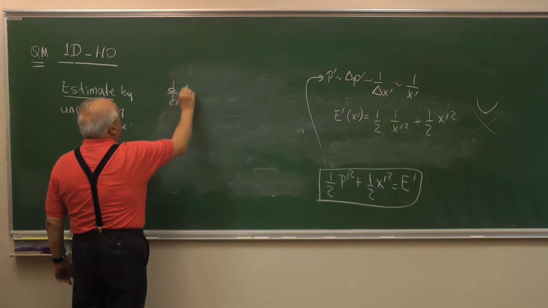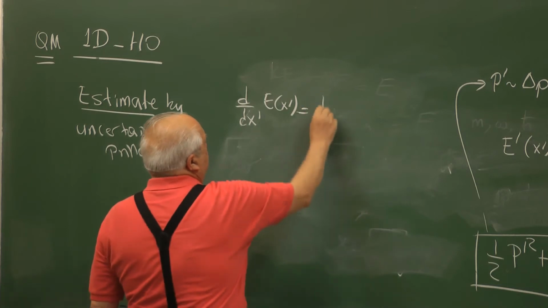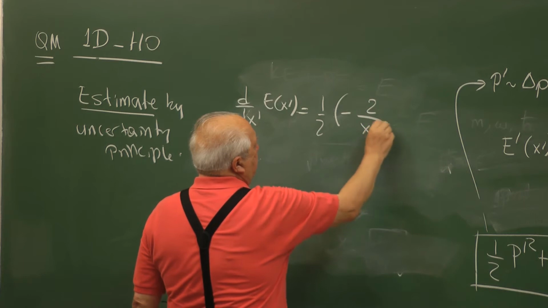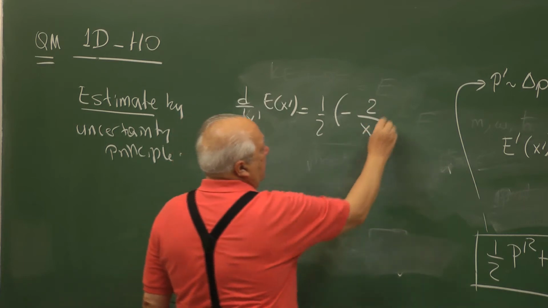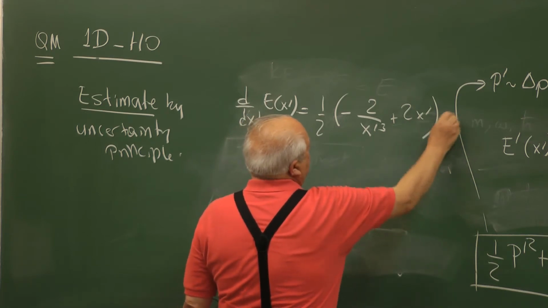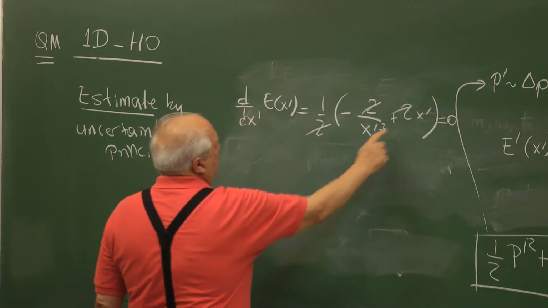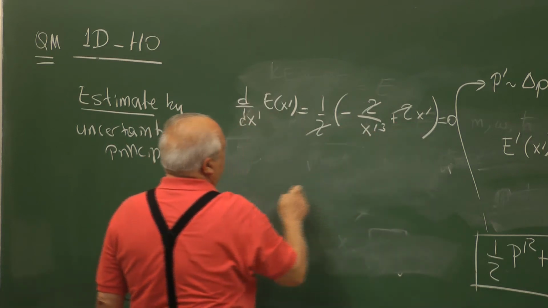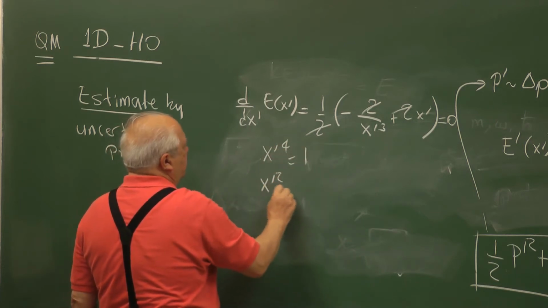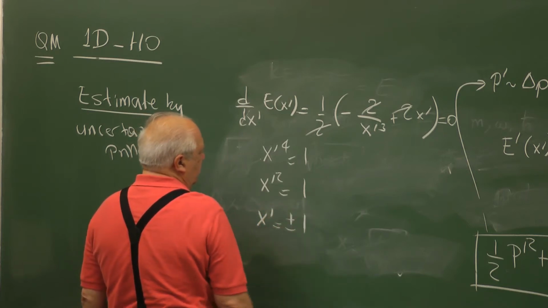So we will differentiate. dE prime over dx prime is equal to 1/2 times minus 2 over x prime cubed plus 2x prime, and we will set it to 0 to find the minimum. So x prime to the 4th is equal to 1, or x prime squared is equal to 1, or x prime is equal to plus or minus 1.